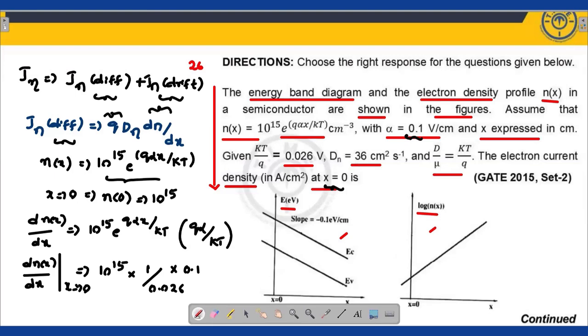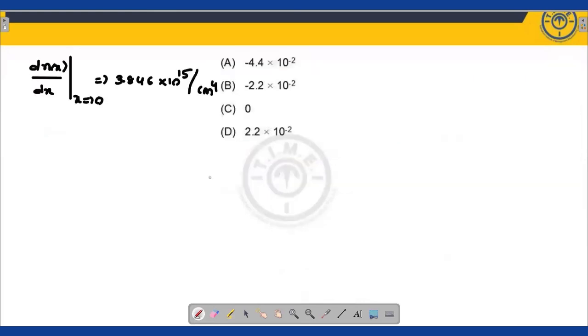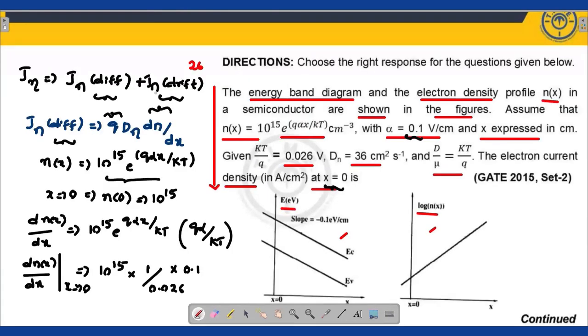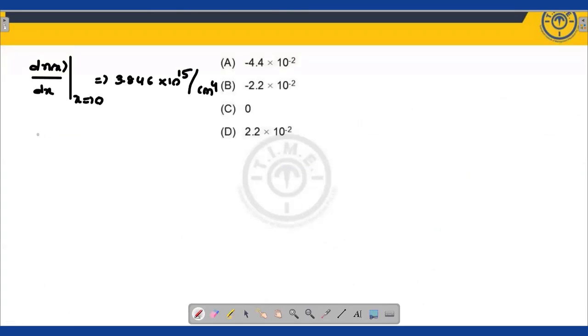Now see here. The formula I am substituting here, first that is diffusion, which is equal to q into Dn into dn of x by dx.